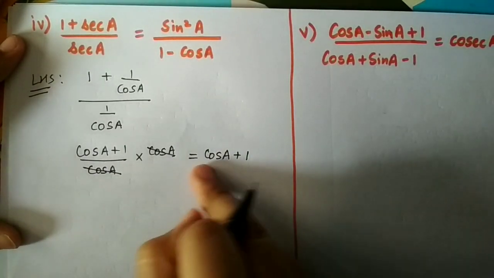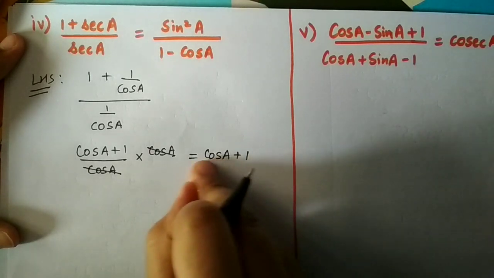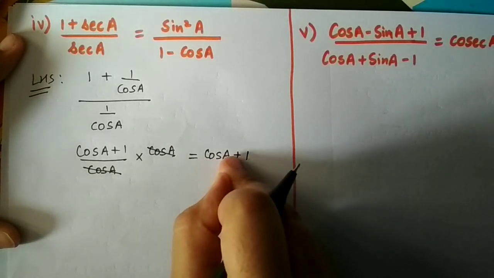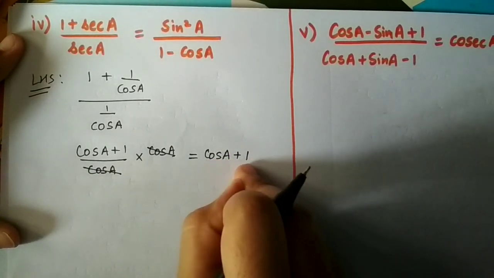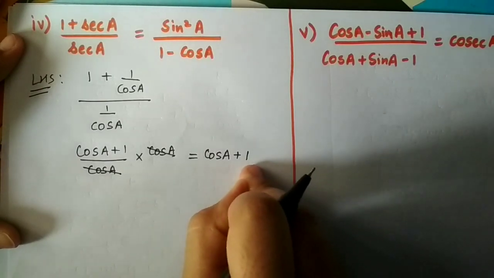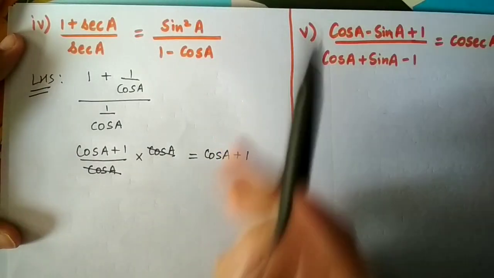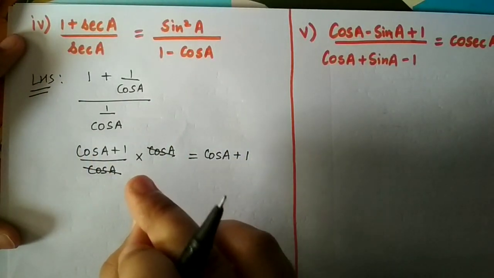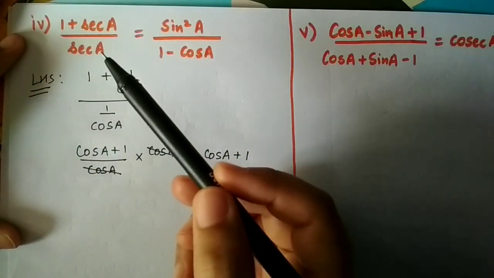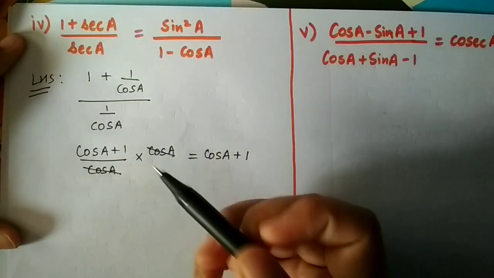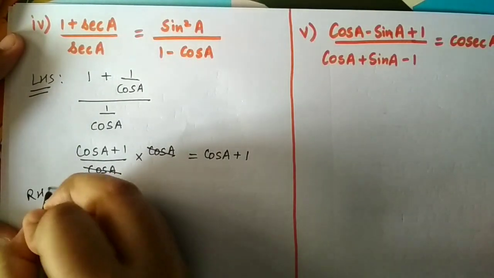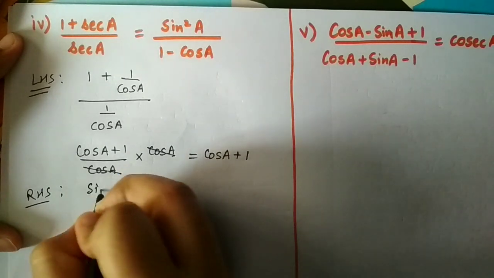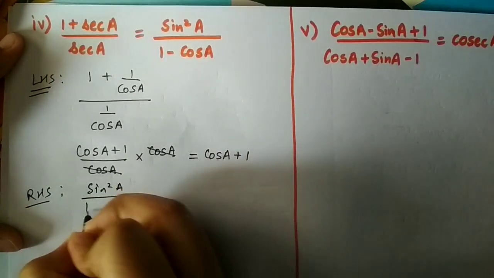Now you can't further simplify it because cos cannot be converted into any ratio and this is also not any identity. So now take right hand side, because in actual you have to prove left hand side equal to right hand side. You can simplify both and make them equal also. Right hand side is sin square a upon 1 minus cos a.